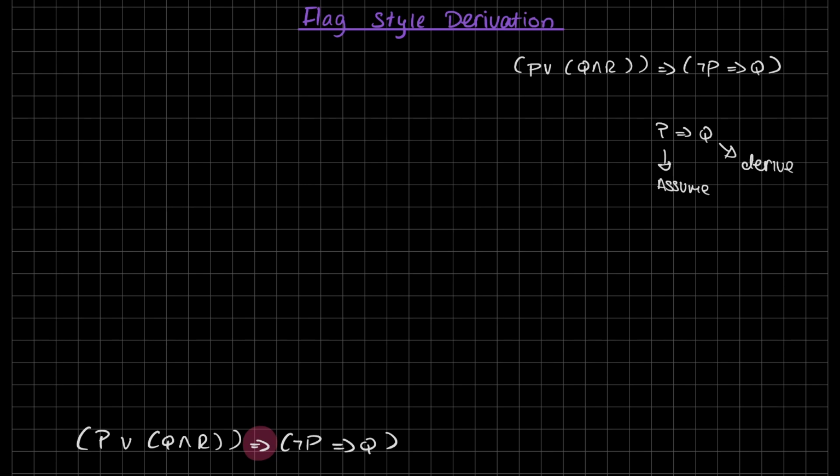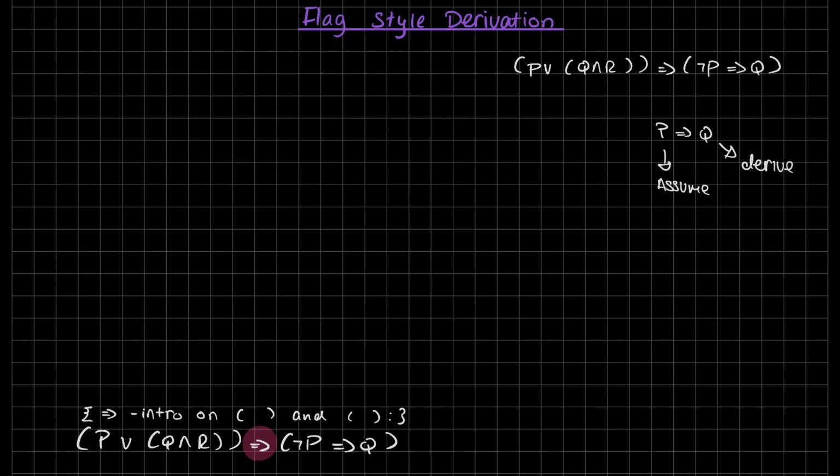So we're going to write our hint first of all. Our hint is just going to be implication introduction on, well, we don't know what lines yet, so lines blank and blank.